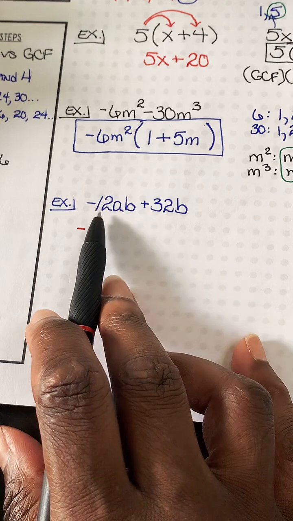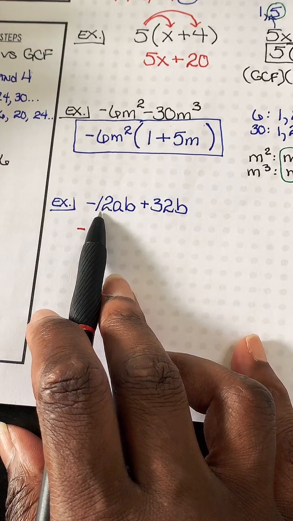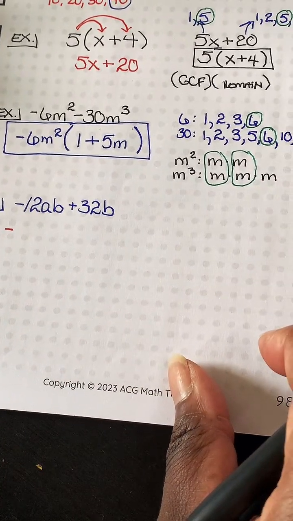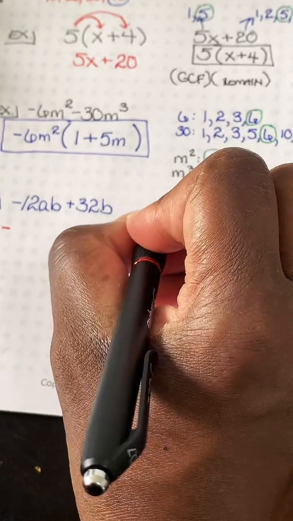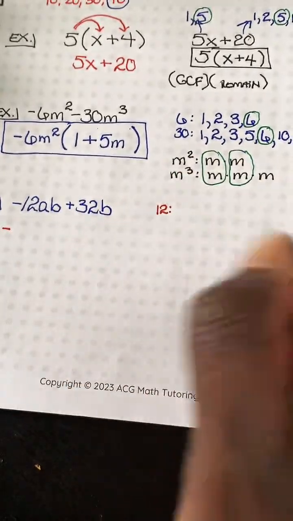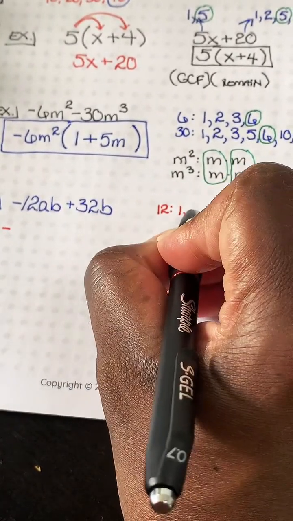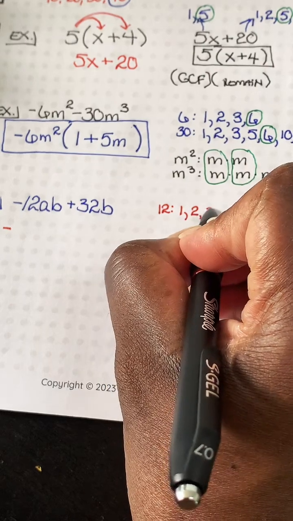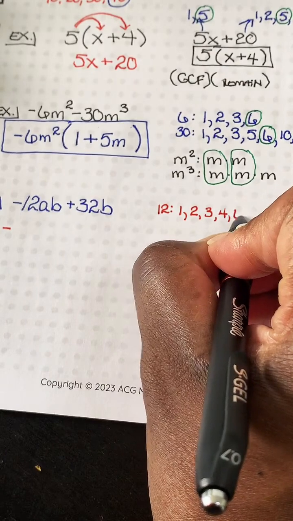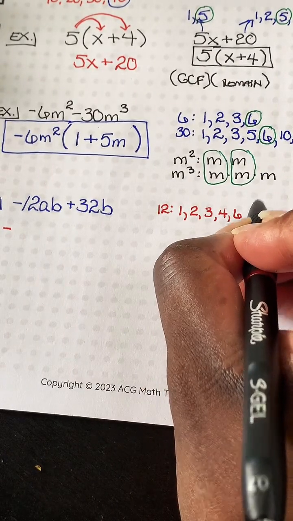But now we've got to figure out what will be my GCF for 12 and 32. So we're coming over here. We're going to have our 12. And 12 is shown in the 1 times table, the 2s, the 3s, the 4s, the 6s, as well as the 12s.